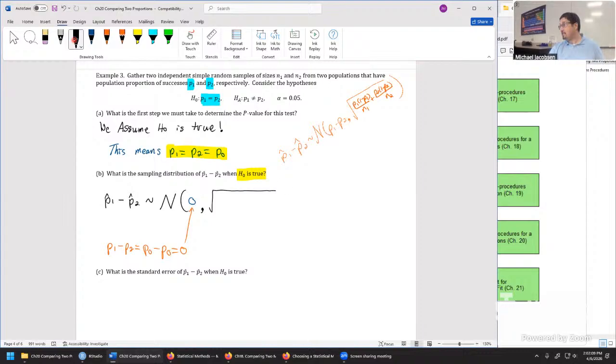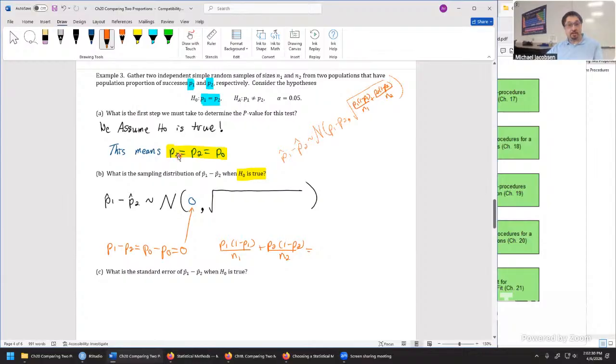And likewise, a big change right here. The numerator is completely the same now. In the numerator, we have P1 times 1 minus P1 over N1 plus P2 times 1 minus P2 over N2.